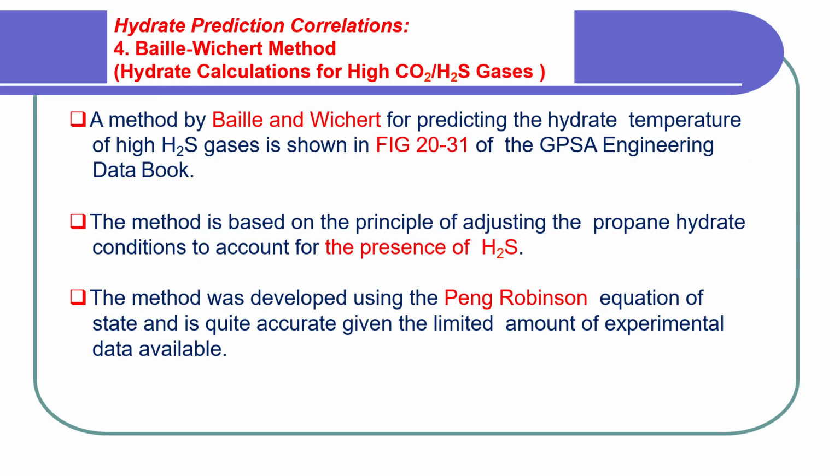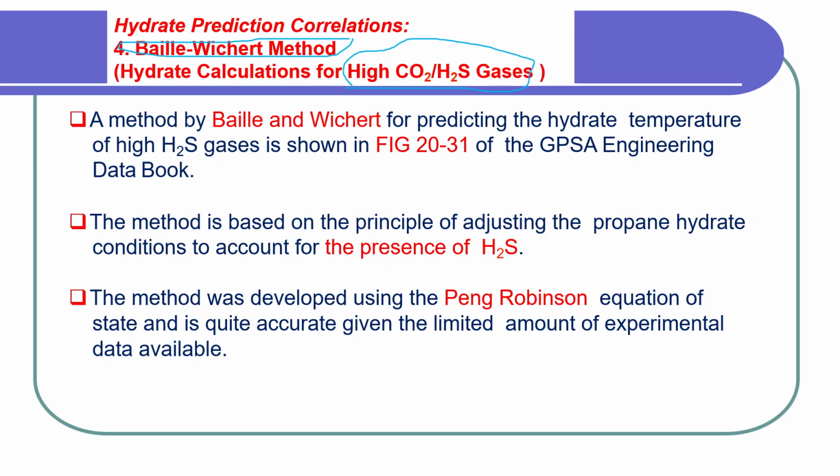Now the fourth method that we can also use to predict the hydrate formation condition is the Bailey-Wishart method. The Bailey-Wishart method normally will be used for sour gases, for gases that include a high concentration of CO2 and H2S as well.